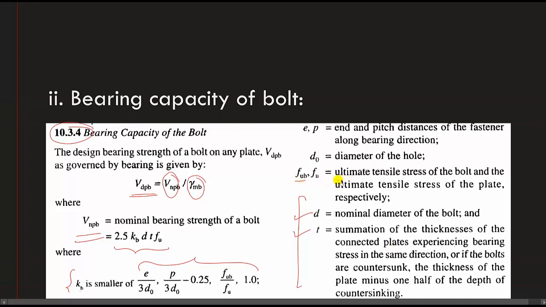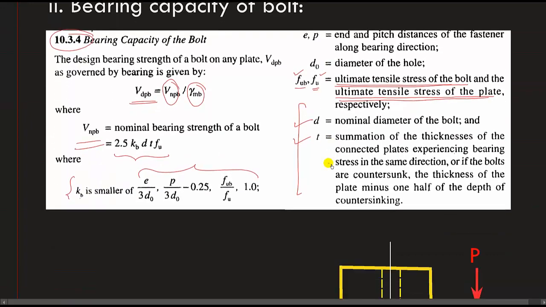Fub is the ultimate tensile strength of the bolt and Fu is the ultimate tensile strength of the plate. So you see, if the bolt material and the plate material are different, you will have different values of Fub and Fu. So let us calculate the bearing capacity of the bolt.